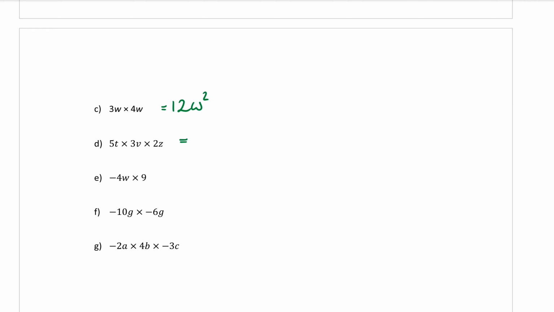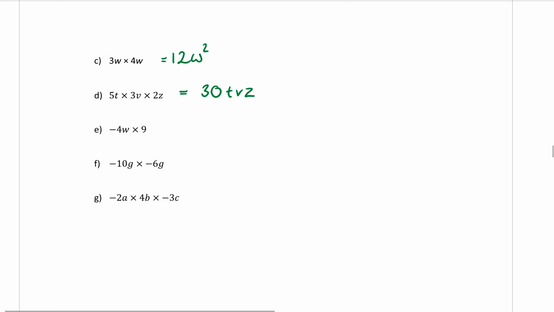We multiply all of the numbers. 5 times 3, which is 15, times 2, which is 30. And all the letters in alphabetical order. T, V, and Z, they are already in alphabetical order, so T, V, Z.